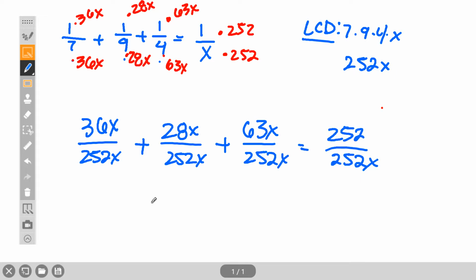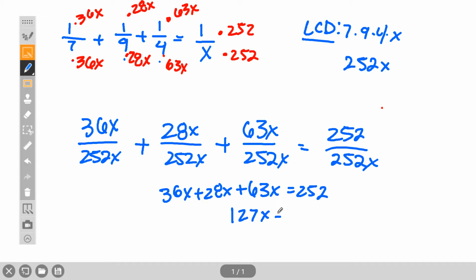So all our denominators are the same, so we can just kind of ignore them. So 36x plus 28x plus 63x equals 252. 36 plus 28 plus 63, so 127x equals 252. Divide by 127.